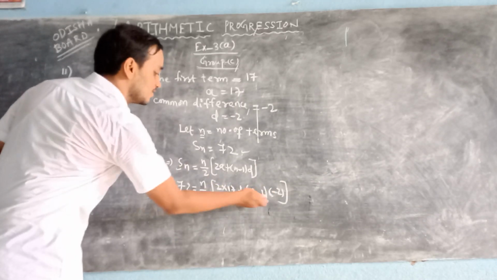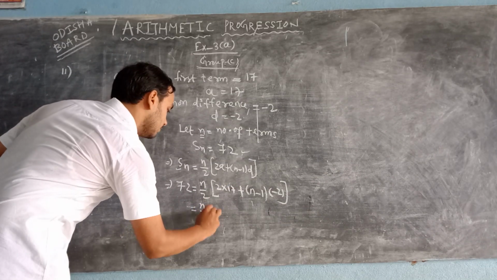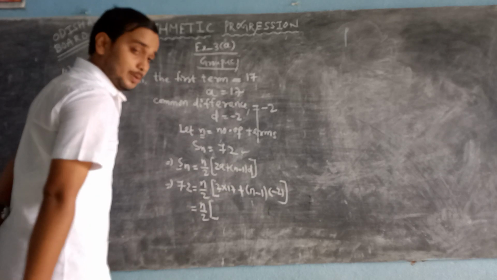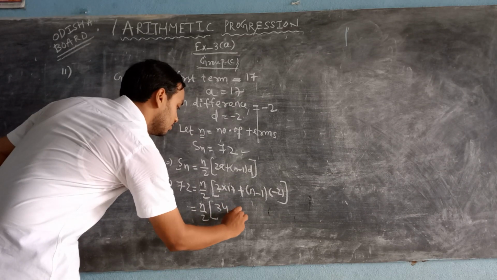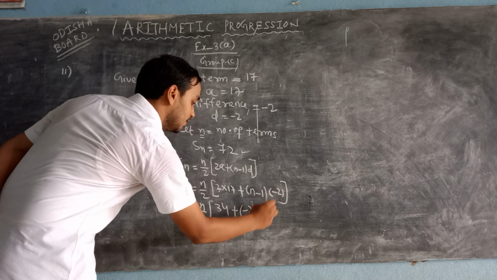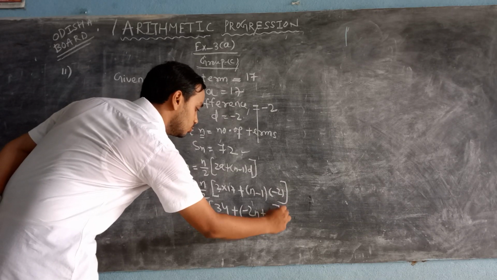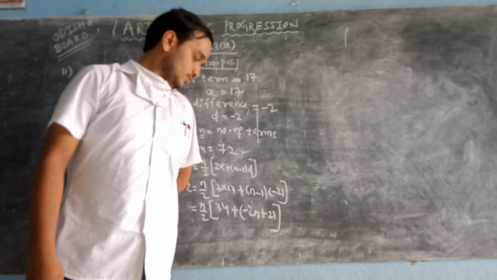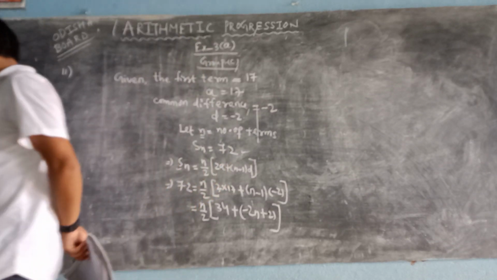Now solve this equation. n/2, 17 into 2 is 34, plus (n - 1) into -2, which gives -2n plus 2. Just wait for a minute.